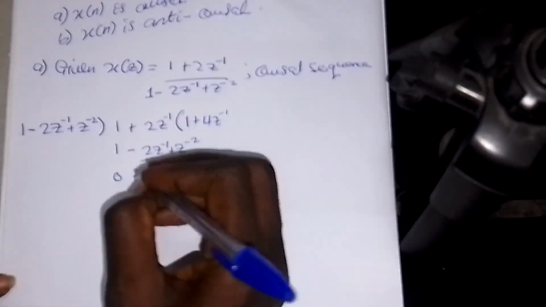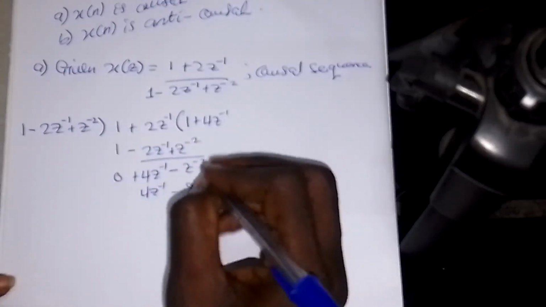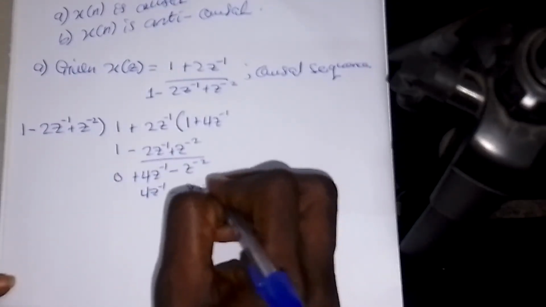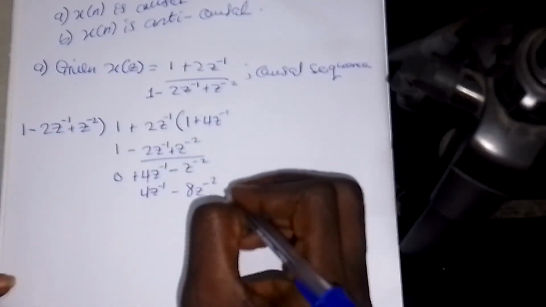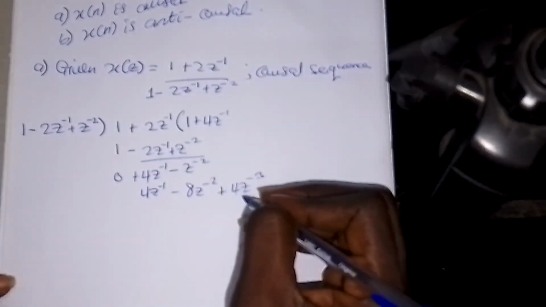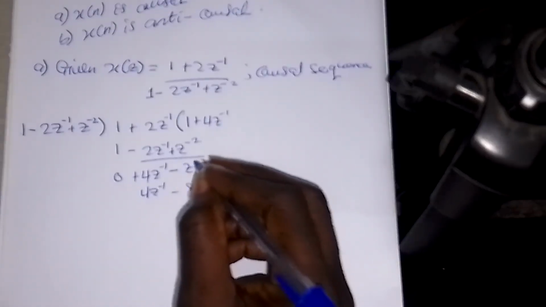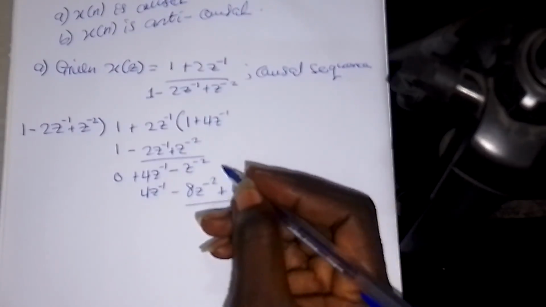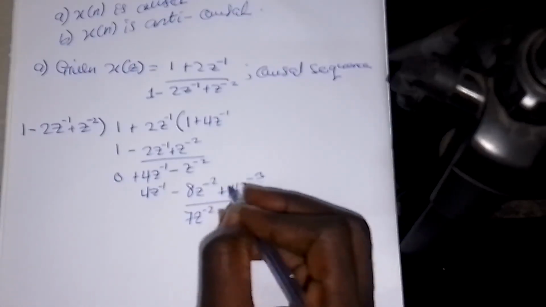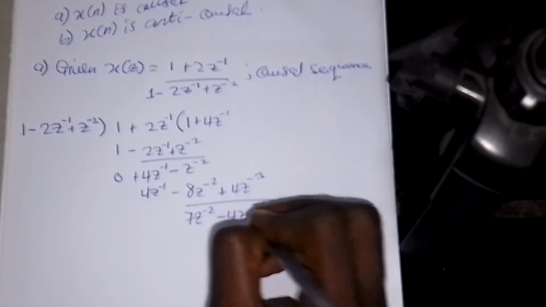You get 4z^-1, then minus 8z^-2, then plus 4z^-3. Now you subtract. Here, minus 1 minus 8 gives positive 7. Then here you get 0 minus 4, which gives negative 4z^-3.